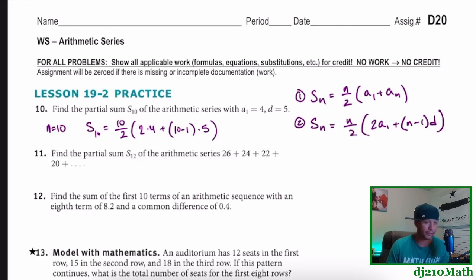All right, so you got to be very careful if you're a calculator user that you're paying very close attention to parentheses and order of operations. So 10 divided by 2 is 5 times 2 times 4, which is 8, plus 10 minus 1, which is 9, times 5 is 45.